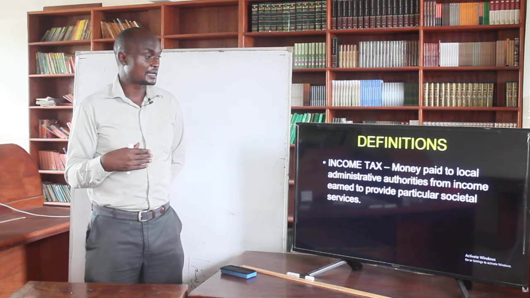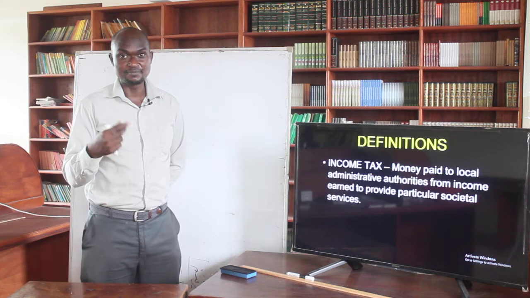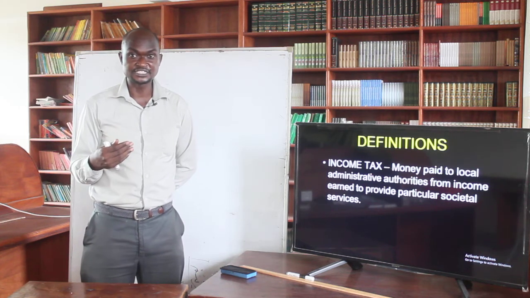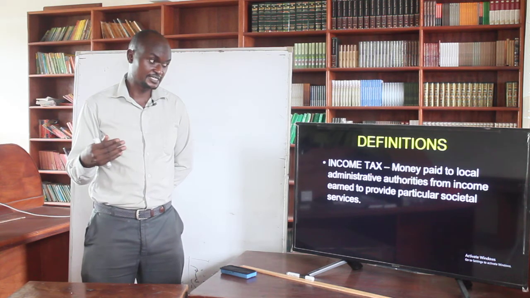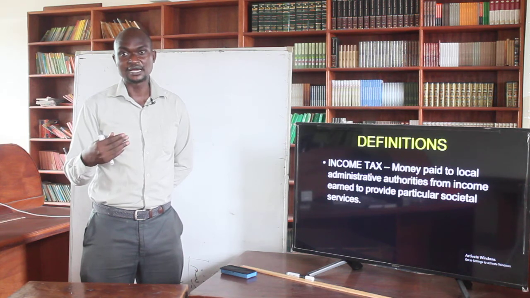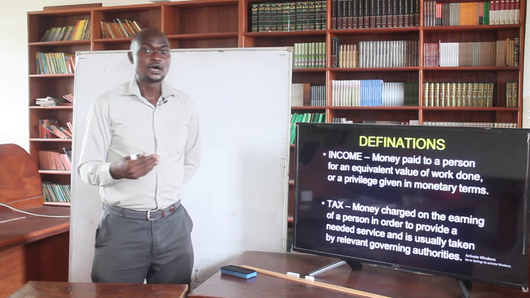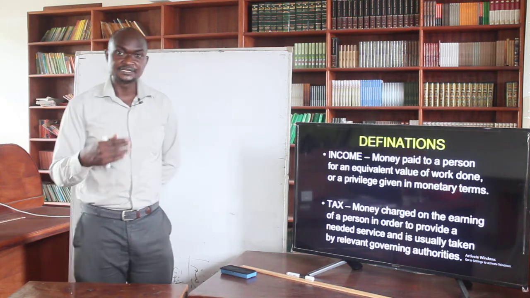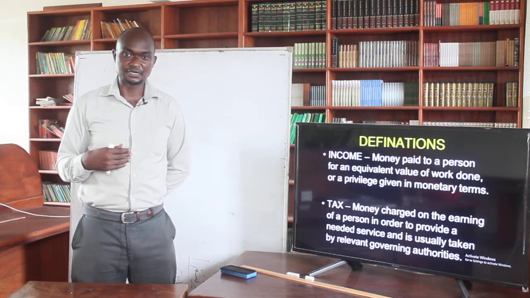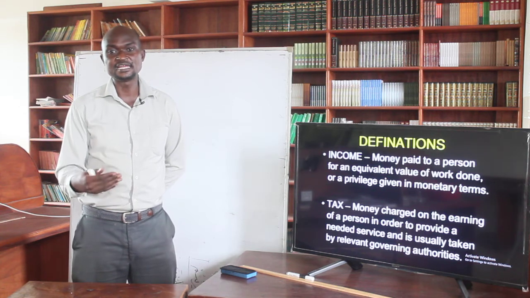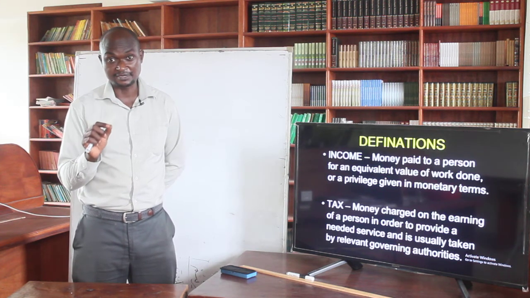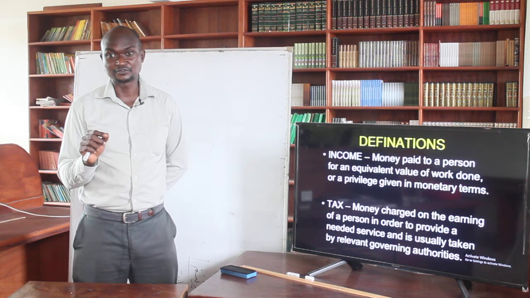Income tax is the money paid to local administrative authorities from income earned to provide particular societal service. Tax is the money charged on the earning of a person in order to provide a needed service, and is usually taken by relevant government authorities.